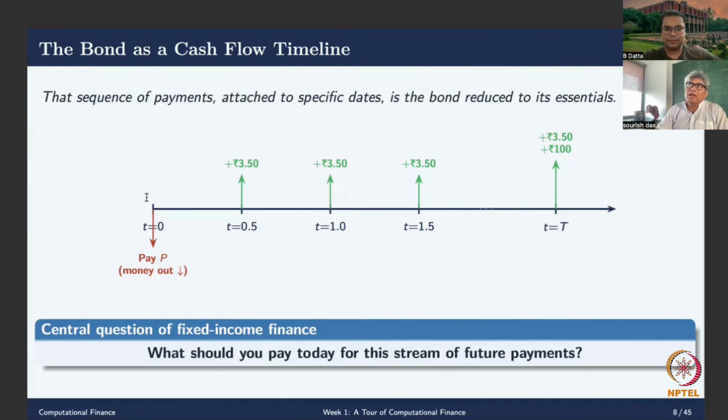So if I keep the money in a bank, I would expect it to give me not only the value of the 100 rupees back.